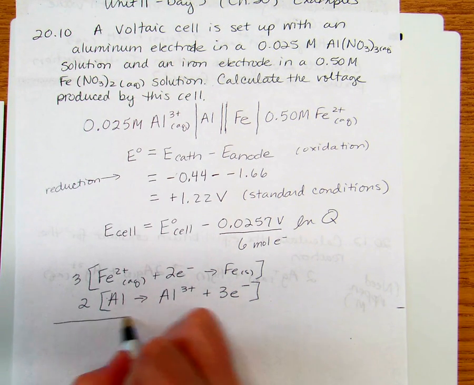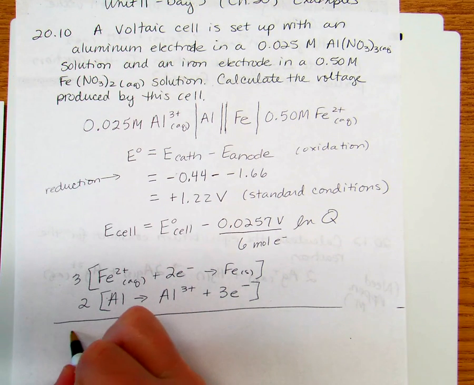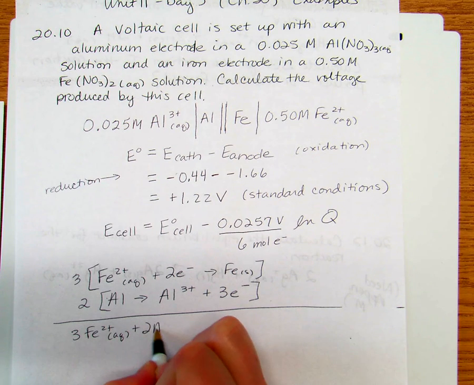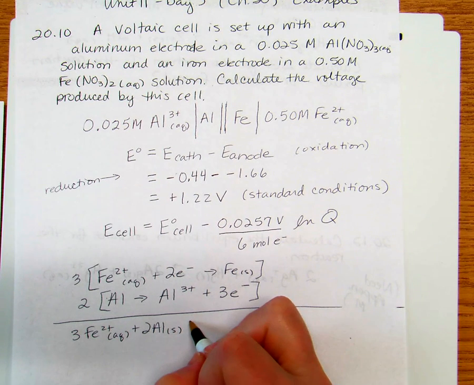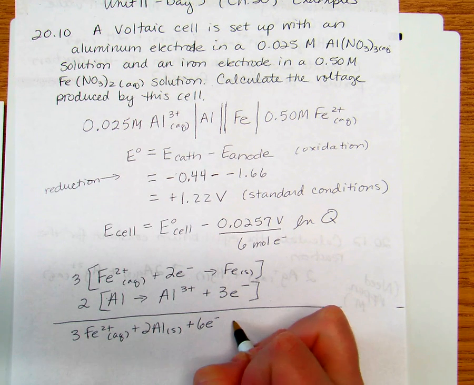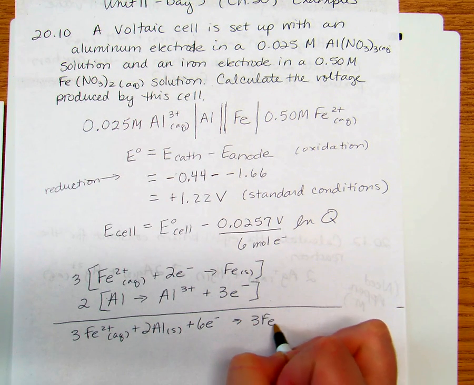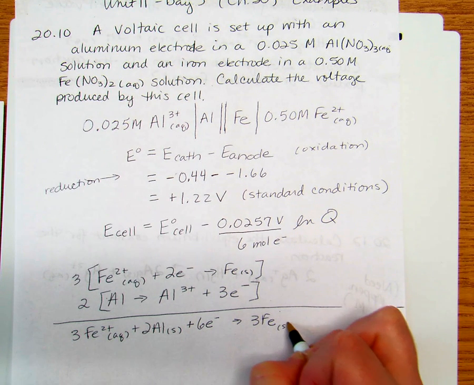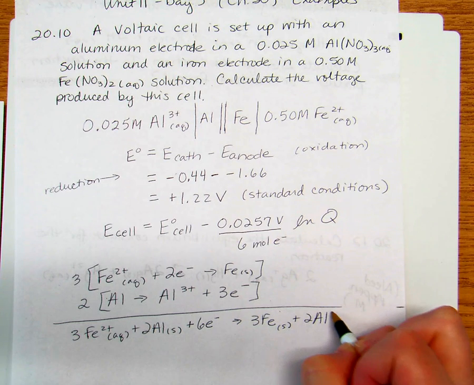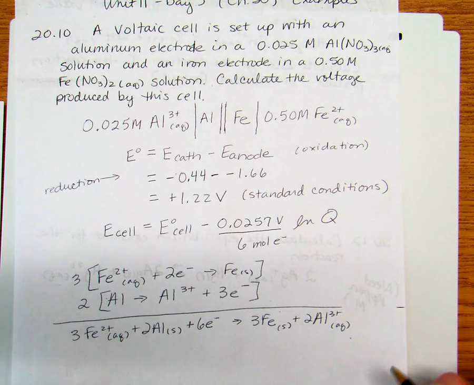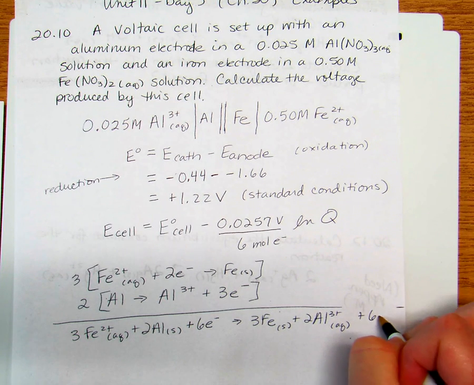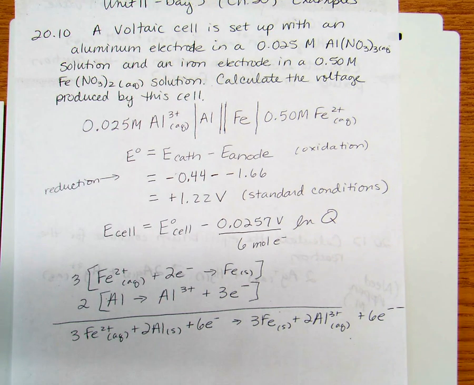So the overall equation becomes 3 moles of iron ions, plus 2 moles of aluminum metal, plus 6 moles of electrons, yields 3 moles of iron, 2 moles of aluminum ions, plus 6 moles of electrons.